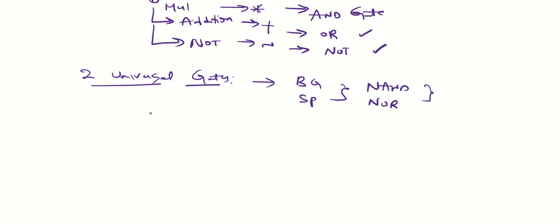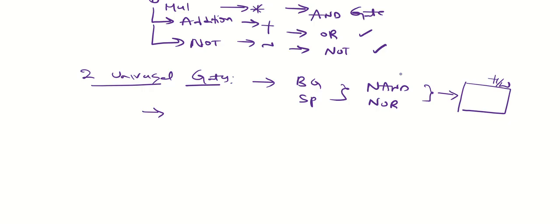I have given a simple analogy: if you know English, you can survive in any place in the world. In the same way, if you want to implement any type of gate, only NAND and NOR make it possible. That's why NAND and NOR gates are universal gates. And one more important thing is that these gates are available in the hardware of the IC.